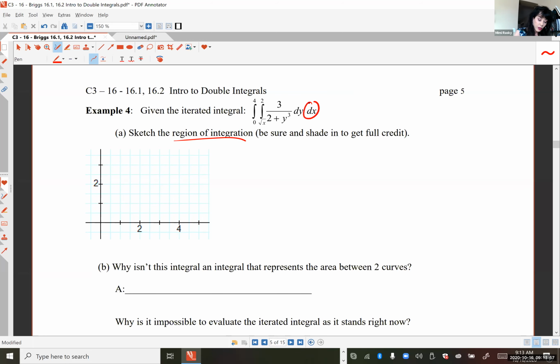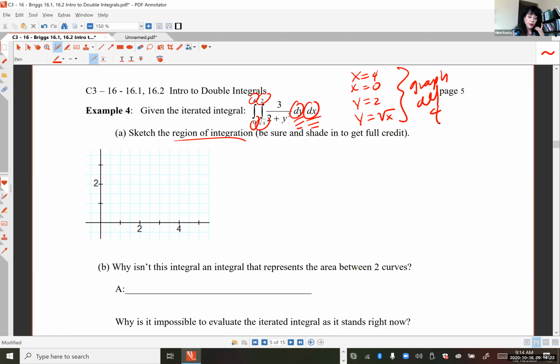The outermost integral is with respect to x, and so if you look at the outermost integral's limits, write down the equations x equals 4, x equals 0. The innermost integral is with respect to y, so write down these next two equations, y equals 2, y equals square root of x. And then graph all 4 of these curves.